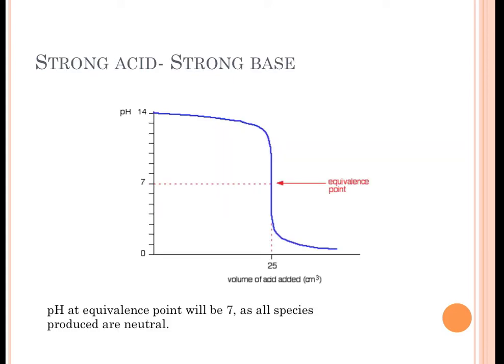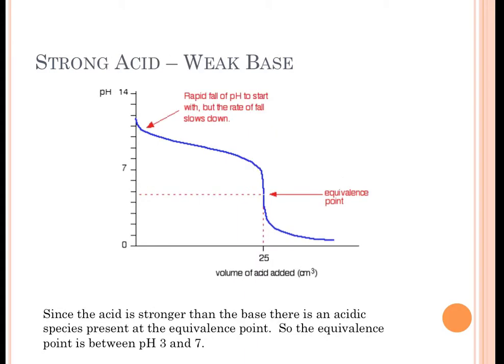To do that, we need to think about when that equivalence is going to be. So if you have a strong acid and an equally strong base, your equivalence point is going to be 7. Okay? But as we just spoke about, neither organic acids nor organic bases are strong. So what you're going to have instead, potentially, if you're analysing an amine, is a strong acid that would react with it, and the weak base, which is your organic base.